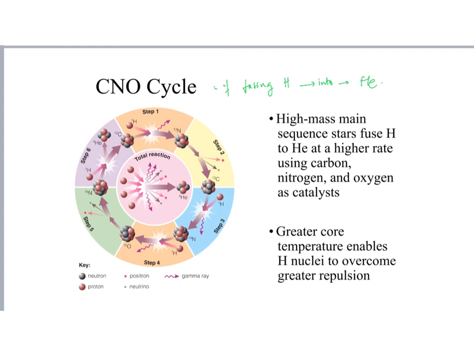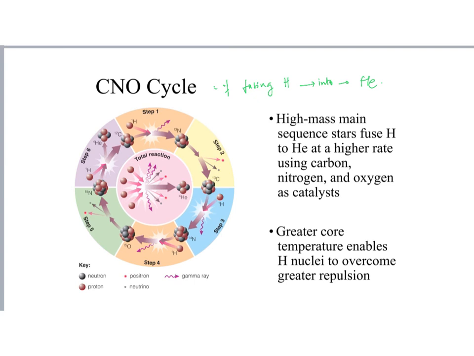The overall result is actually the same as that of the proton-proton chain, if you remember from our discussion of the nuclear fusion that happens in the sun. But the different thing is that now carbon, nitrogen, and oxygen nuclei are catalysts. They actually help the cycle proceed, but are neither consumed nor created in the overall cycle.